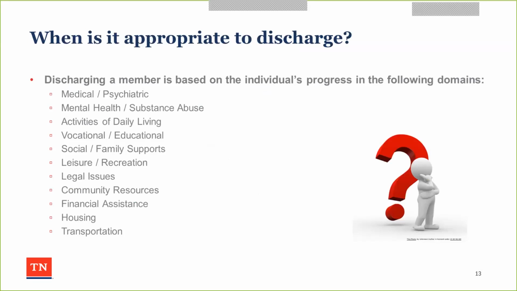Different members, their success is going to look a little bit different. Not everyone is going to score a 6 or a 7 in a certain area on the DLA. They may score a 5, but that's still considered within normal limits. It's still considered successful and minimal impairment. So again, that's something to be mindful of: just because one individual can or cannot do something does not mean that they've not met their goals and they're not ready to pursue discharge.